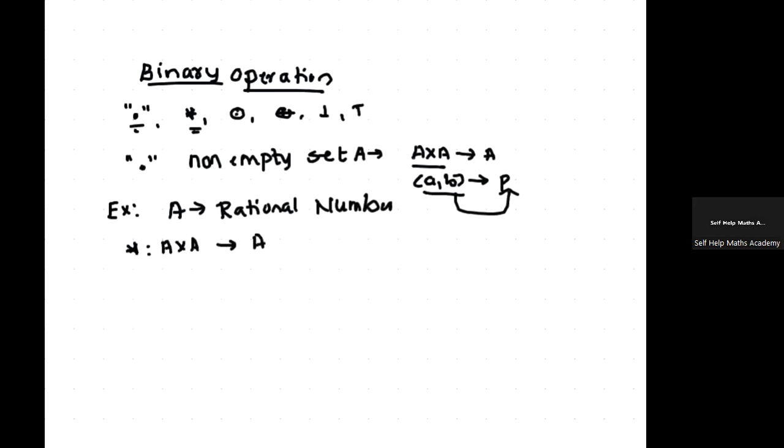Say it is given by a star b equals ab. You can see my binary operation is defined as the product of two rational numbers, because I'm taking the set A as rational numbers. And we know the product of two rational numbers is again a rational number. Therefore, this will become a binary operation on the given set A.